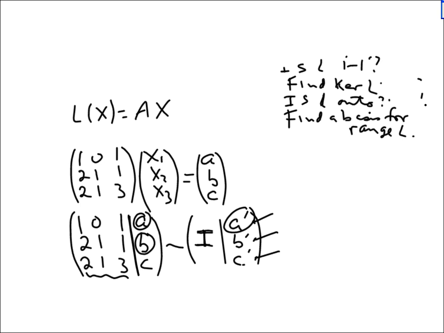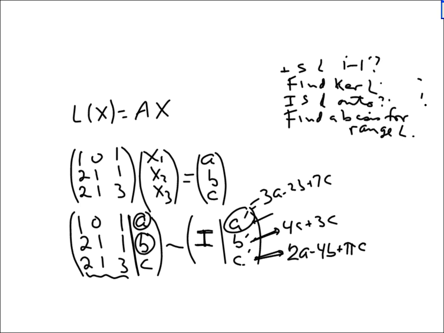I mean, maybe A prime would be 3A minus 2B plus 7C. And B prime might be 4A plus 3C. And C prime might be 2A minus 4B plus pi times C. Don't ask how pi is going to get there.